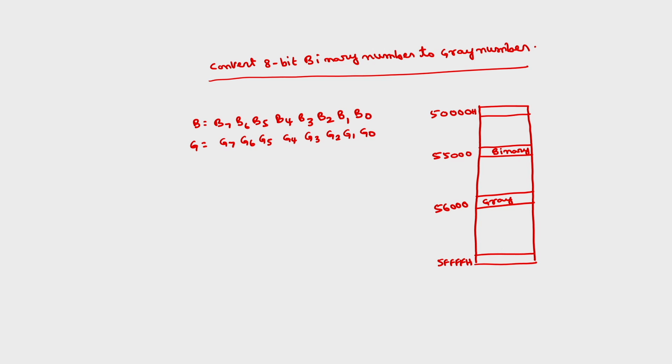You might have studied in digital logic, G7 is equal to B7 and G6 can be obtained by exclusive ORing B7 and B6. Similarly, G5 is exclusive OR between B6 and B5 and so on.